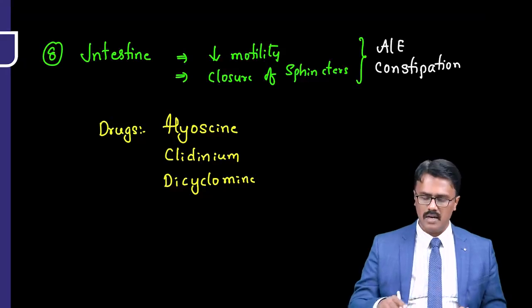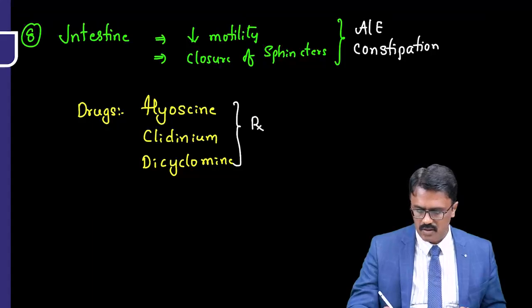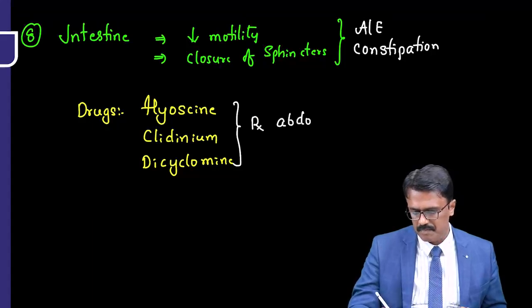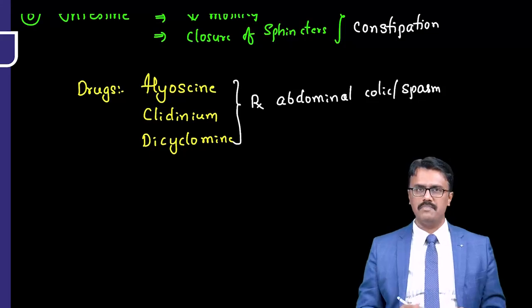Now these drugs are used to decrease motility, and when the motility increases, they are used whenever there is abdominal colic. So if there is abdominal colic or spasm, then we have to use them.